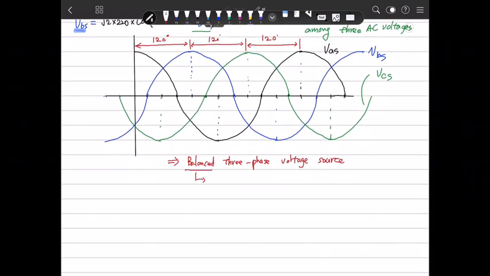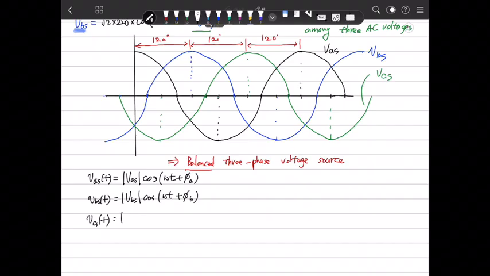Balance means, when you define VAS as magnitude of VAS cosine omega t plus theta A, VBS as magnitude of VBS cosine omega t plus theta B, and VCS as magnitude of VCS cosine omega t plus theta C, then balance means the magnitudes of VAS, VBS, and VCS are the same.